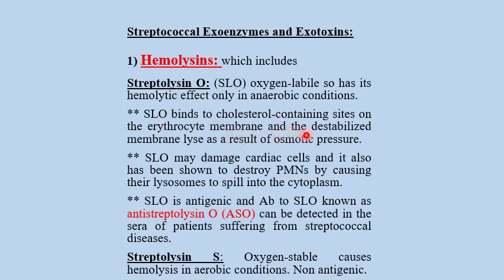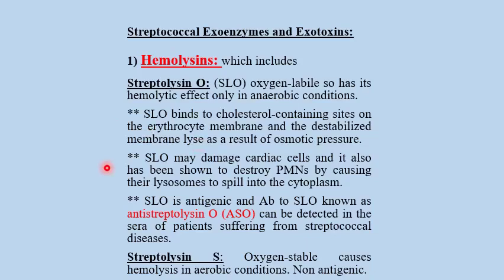As a result, lysis occurs due to osmotic pressure. The RBC membrane becomes unstable, so any change in osmotic pressure will cause complete lysis of the erythrocytes. This explains why it is beta hemolytic, causing complete hemolysis of RBCs.